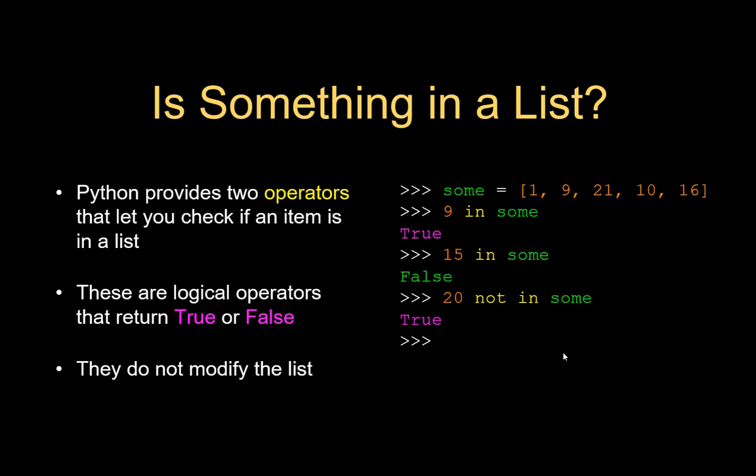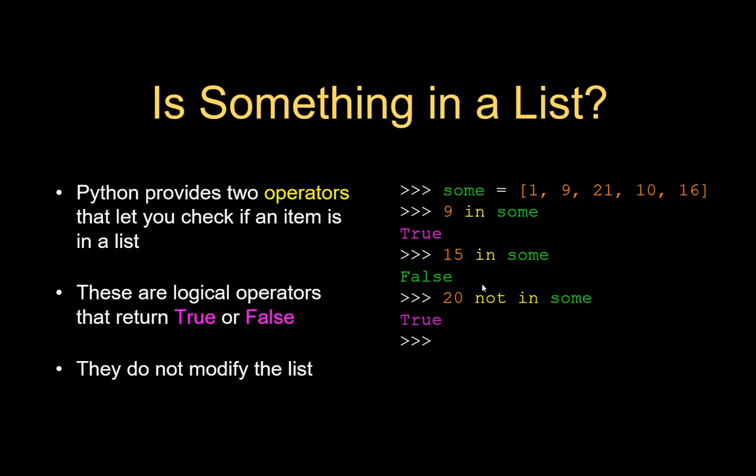In some cases we want to know if a specific value exists in our list. In this case we have this list assigned to variable sum. We can use the in operator, and we ask, is 9 inside our list? It is inside our list, so the result is true. The next one is, is 15 in our list?